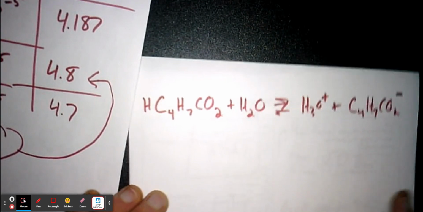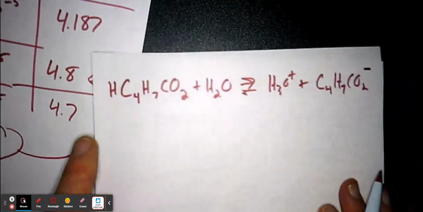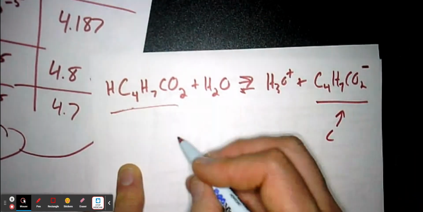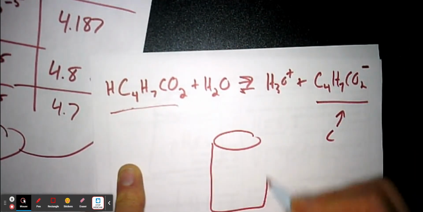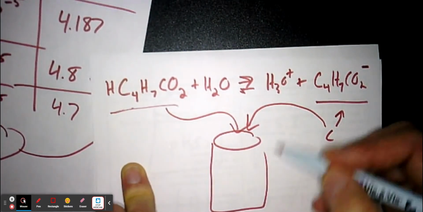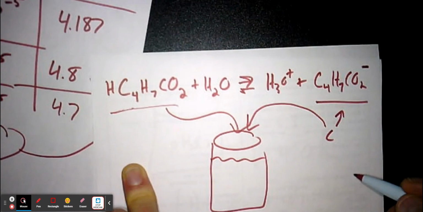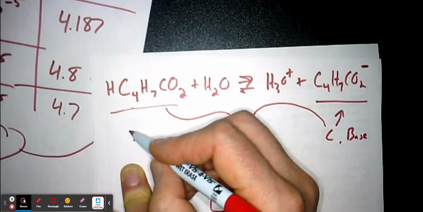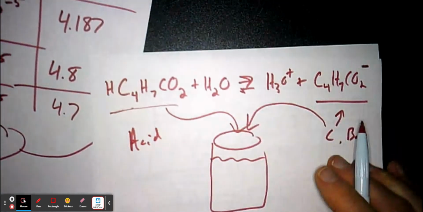All right. Now, this is important. Here's my acid. This is my conjugate. So I'm going to need to add these two things in a certain ratio to get the pH right. Okay?